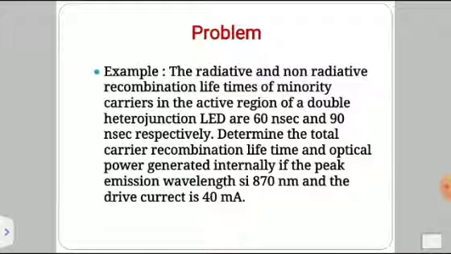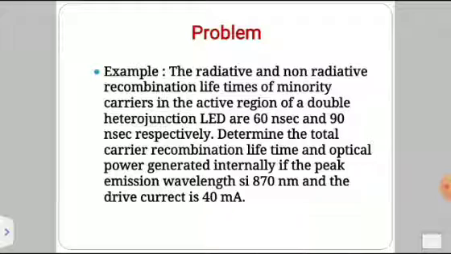Now, based on this, let me solve one example. The problem is given here. First, let me go through this problem; later, we will find the solution. The radiative and non-radiative recombination lifetimes of minority carriers in the active region of a double heterojunction LED are 60 nanoseconds and 90 nanoseconds respectively.